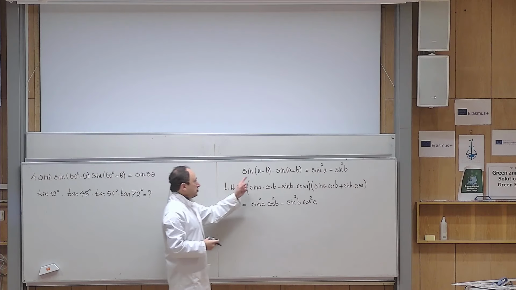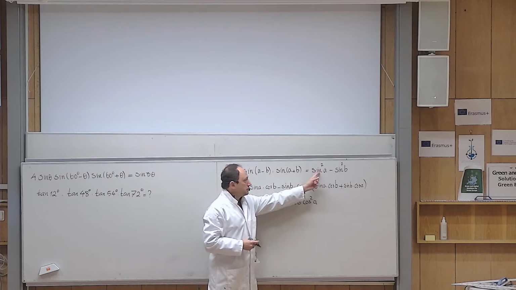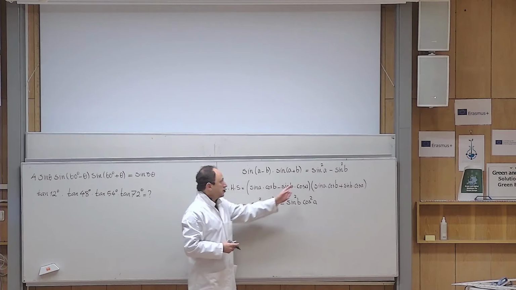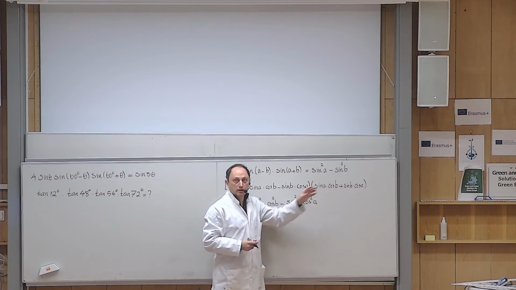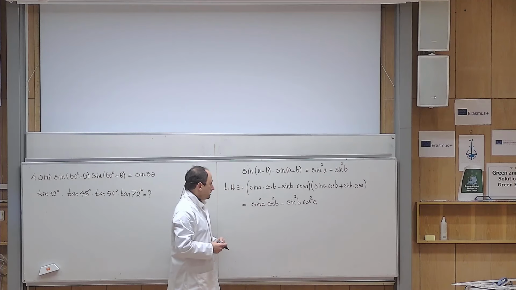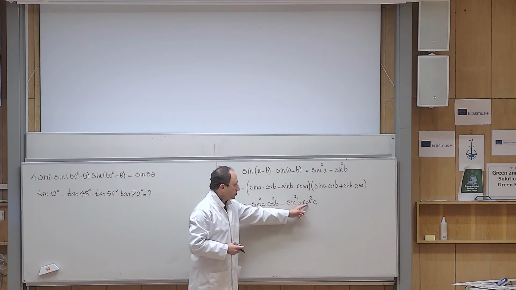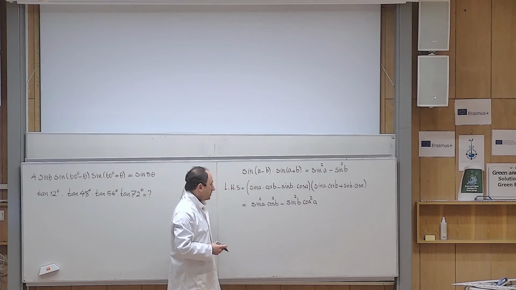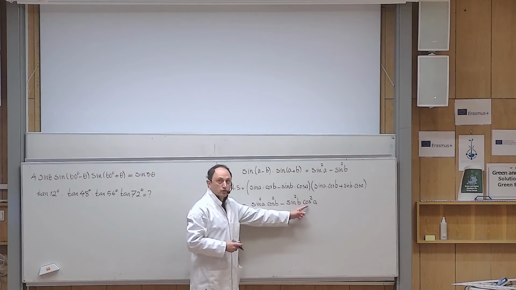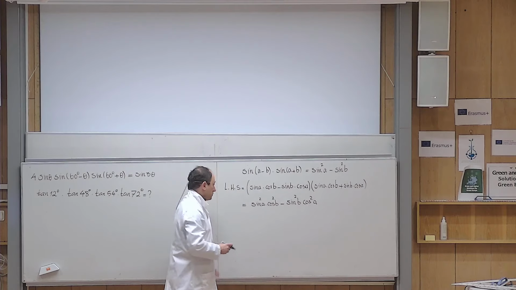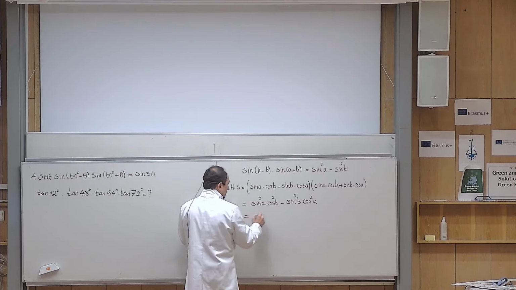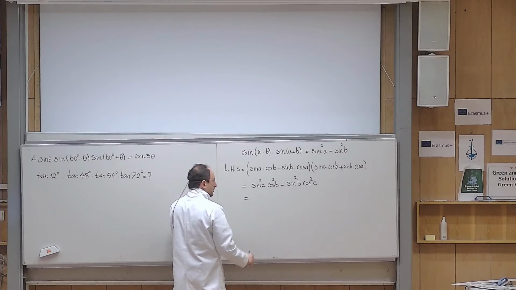But my goal is to prove this combination is equal to that, so I only need to have sine in my expression. Here I have one cosine of B that I don't need, and one cosine of A that I don't need. So I have to eliminate these two cosines in favor of sines. I remind myself of the famous combination between sine and cosine.